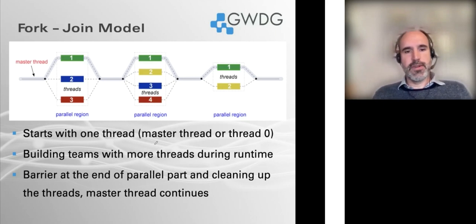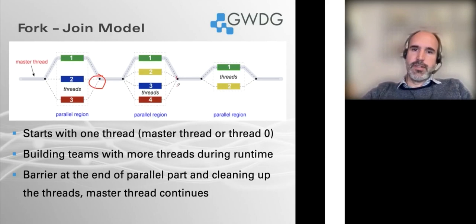So every thread which was created has to synchronize at this point after the parallel region. So actually here and here you have a barrier. At the end, of course, the master thread will also die out.